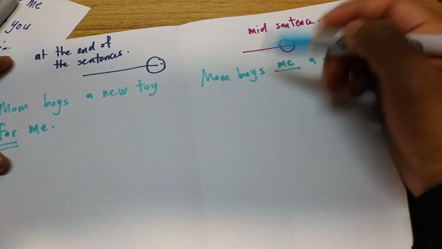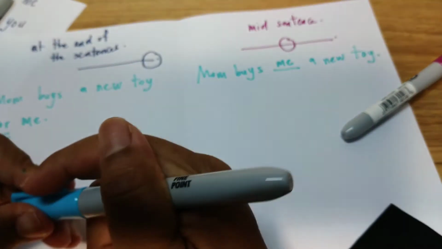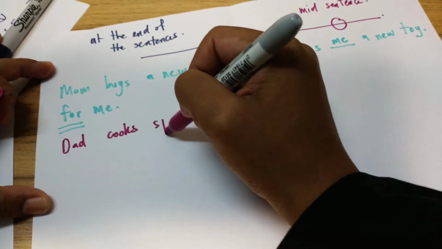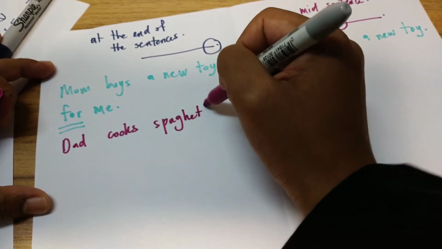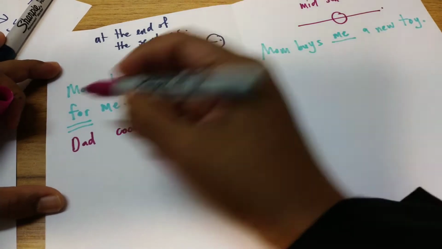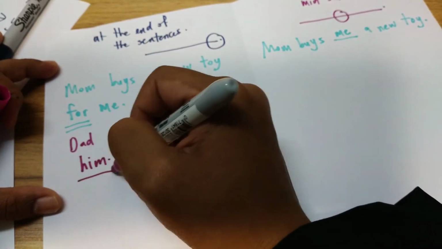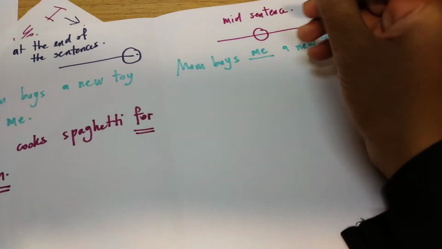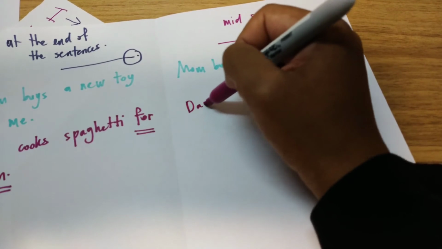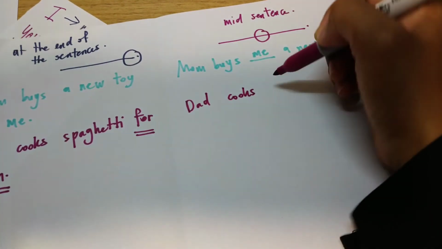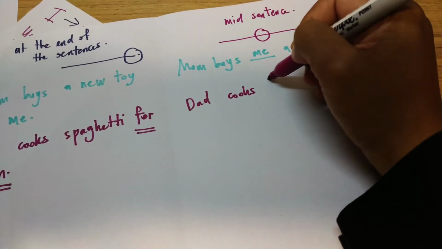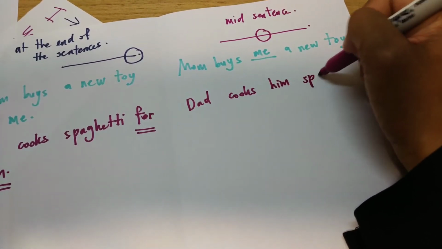Dia dekat sebelah verb. Okay, another example. Dad cooks spaghetti for him. At the end you add for. Mid-sentence, you just write Dad cooks him spaghetti.